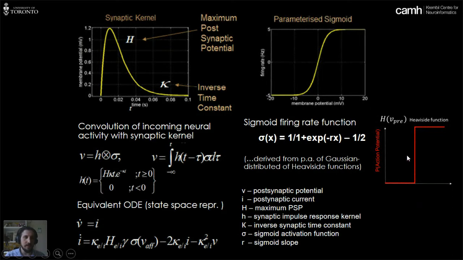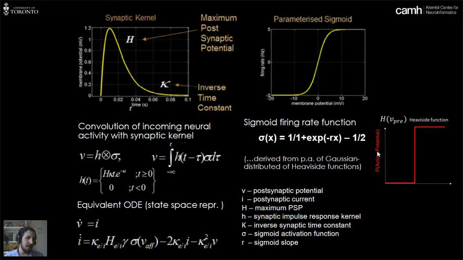The justification for that is that we have a sufficiently large number of cells, it doesn't really matter how many, say a few thousand, to achieve a smoothed average, with slight variations in the membrane potential at which they fire.